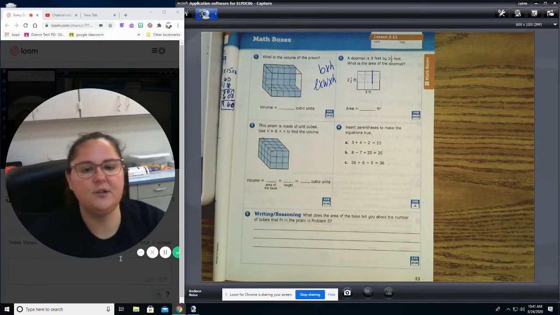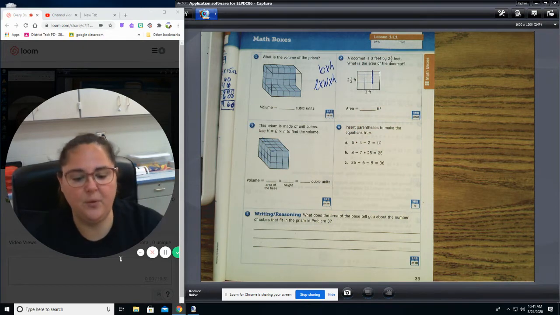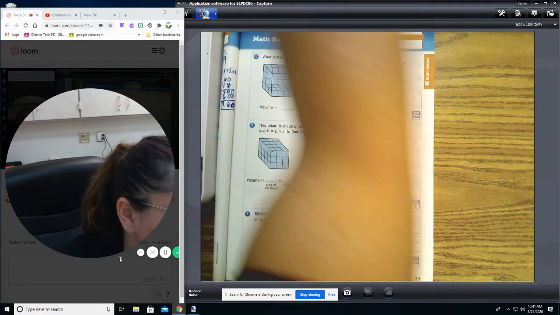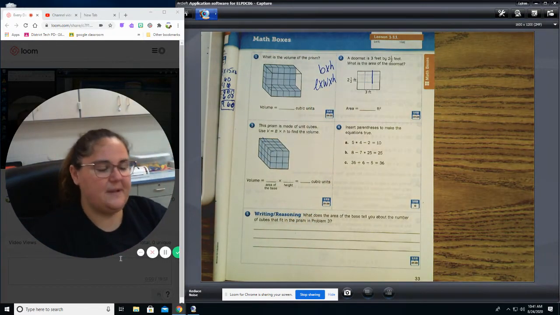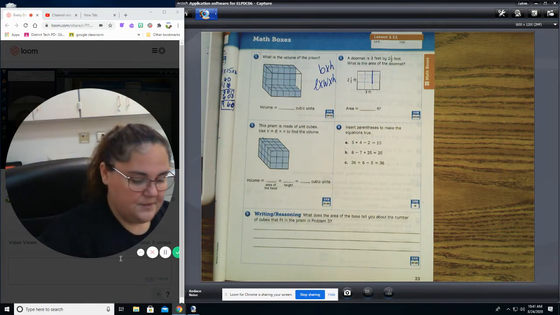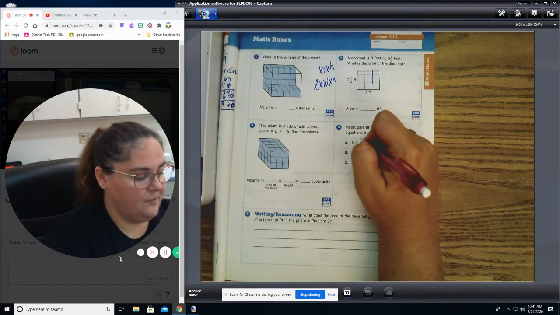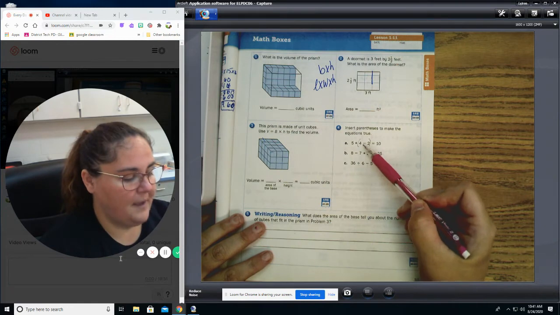Number 4, insert parentheses to make these equations true. I'm going to help you with this one, and I'm going to use a pencil because if you use a pencil, you can erase it. So if we make a mistake, we can erase it. So I'm going to start. I need to make my answer 10. So if I put my parentheses here, that means I do parentheses first. 4 minus 2.